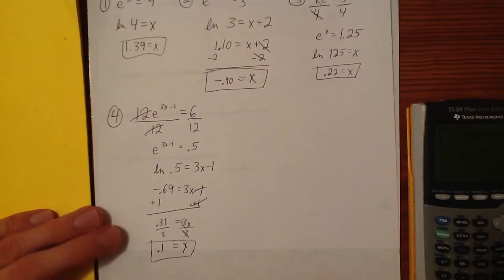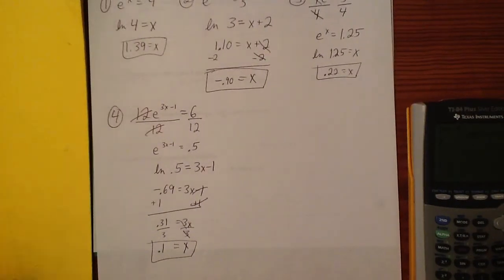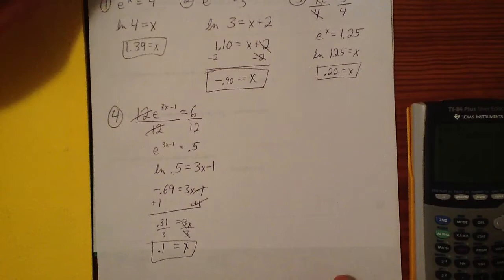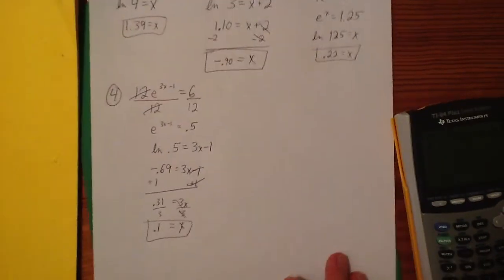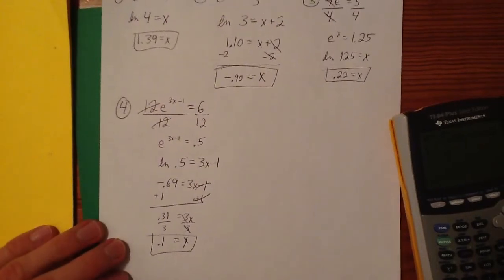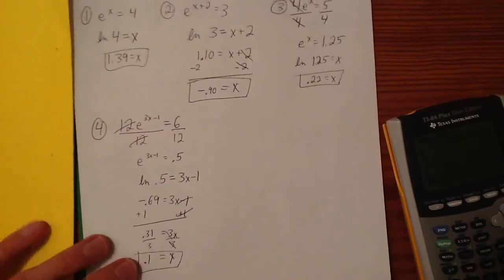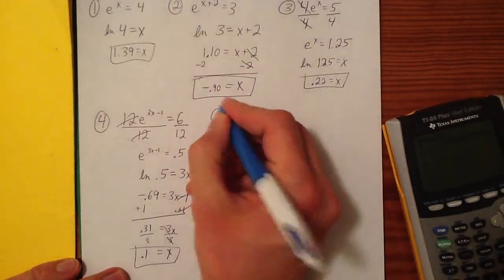There's number 4. Okay, again, I hope you didn't just copy that. You're only hurting yourself. Alright, here's number 5. Number 5 is almost exactly like number 4.